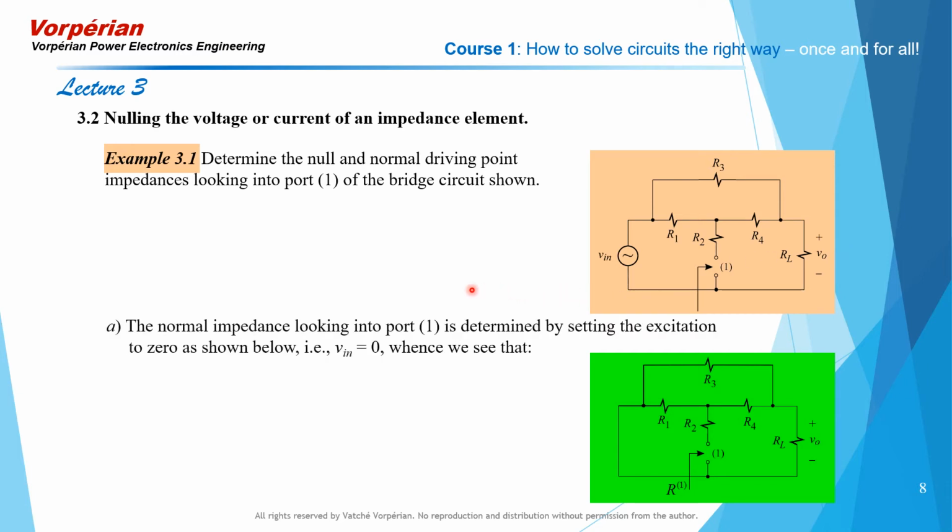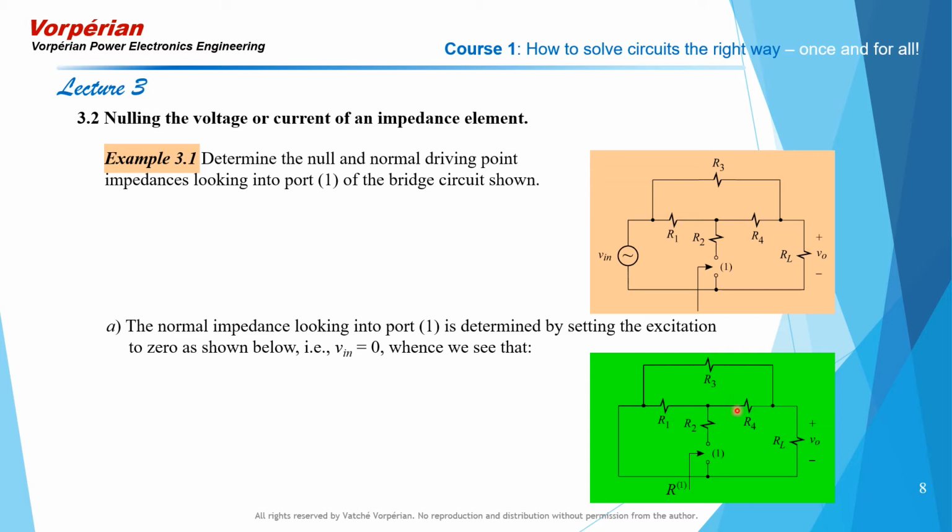Well, let's do that. The normal driving point impedance looking into port 1 is obtained by setting the excitation here equal to 0. You connect the test current source here and study the voltage across it. I don't have to do that for this simple network because you can do this by inspection. When you set the input equal to 0, you take R3 and put it in parallel with RL.